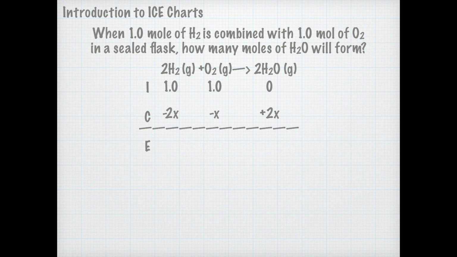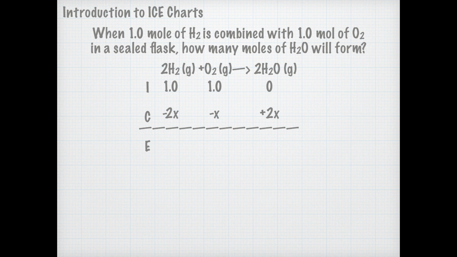Here comes the hard part. We have to figure out what my x is going to be. So let's say, for example, I assume all of my oxygen is going to react, meaning the x for oxygen is going to be 1.0. Well, if all of the oxygen is consumed and my x is 1.0, then at the end, E, the amount of oxygen I would have would be 0 moles.